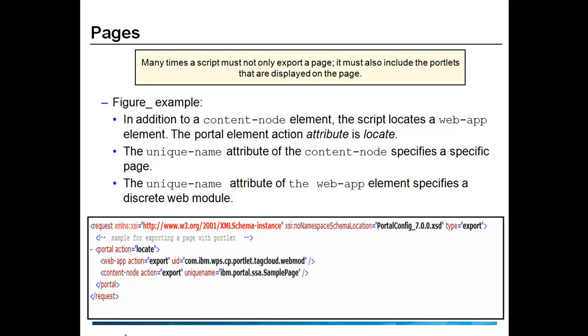That's what the slide says. In addition to the content node element, the script has a web app element. The portal element action attribute is locate. The unique name attribute of content node specifies the name of the page. The unique name attribute of web app specifies a discrete web module. So like that it is specifying.